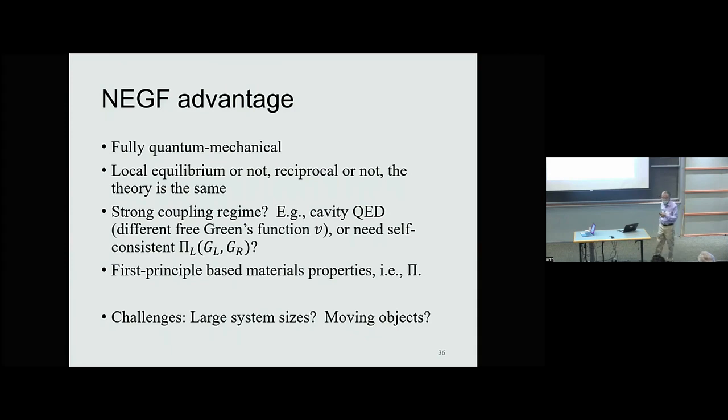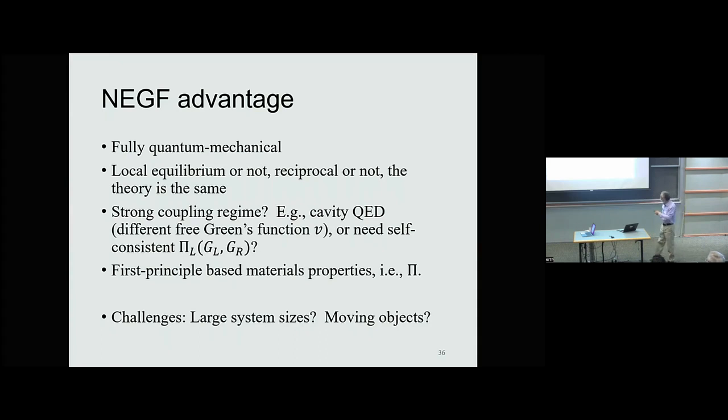For example, if we put the system into a cavity, then of course you change this V. Another thing is that if the systems are very close to each other, then this pi should be determined self-consistently. In that case, the property of the left could really depend on the property of the right because of the coupling in this theory.